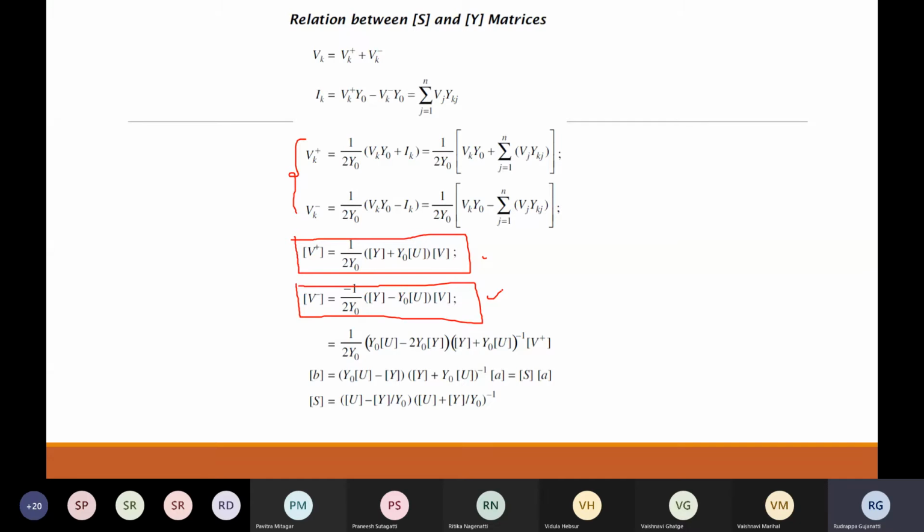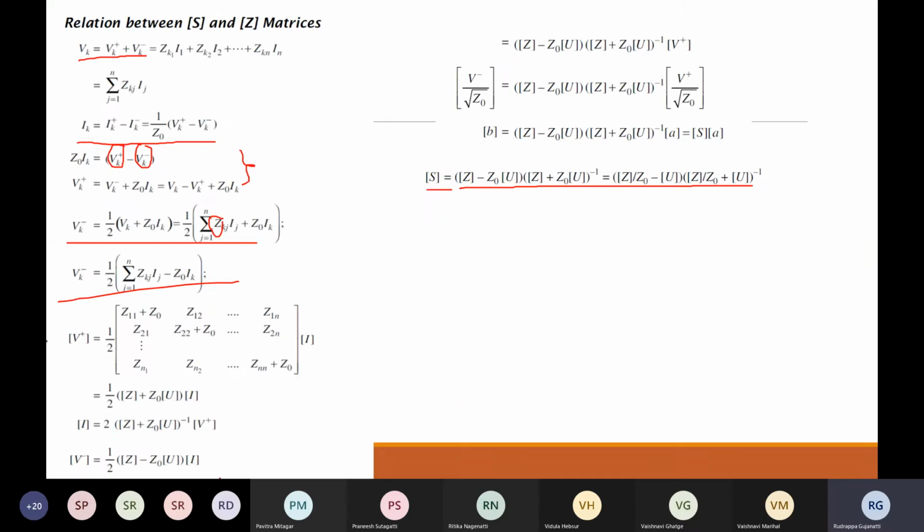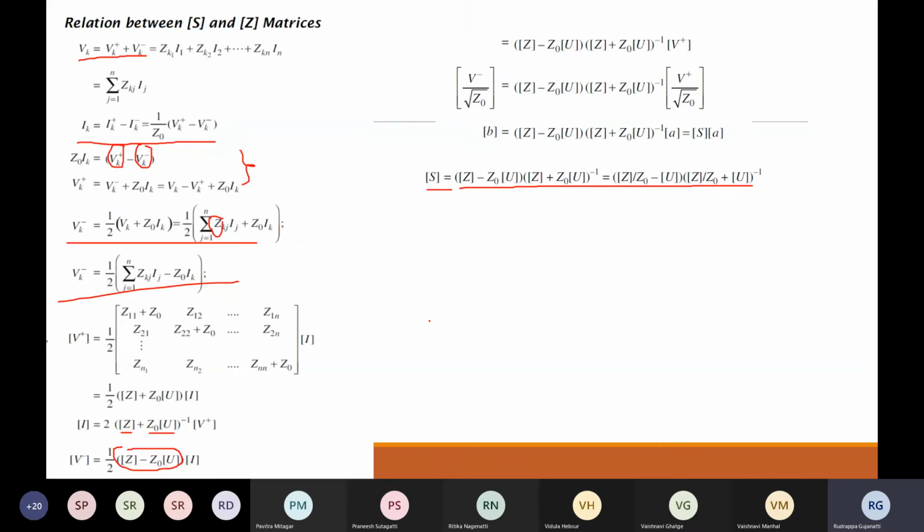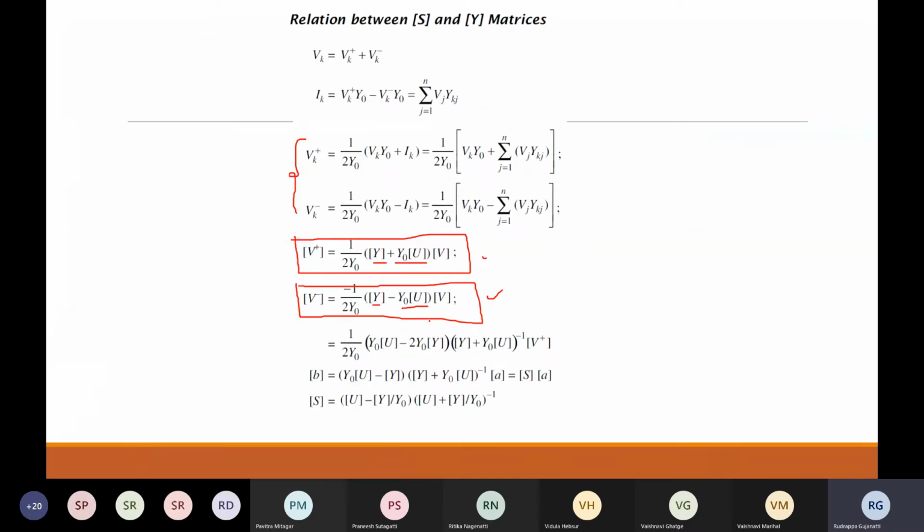Since the networks are symmetric, here we have Z plus Z naught into U, its inverse, and for reflected we have Z minus Z naught into U. Here also you will obtain the same parameters, Y plus Y naught into U, and for reflected we have Y minus Y naught into U. You should just check that because of the symmetry you have this kind of equation. Here it is in terms of voltages, there it is in terms of currents.